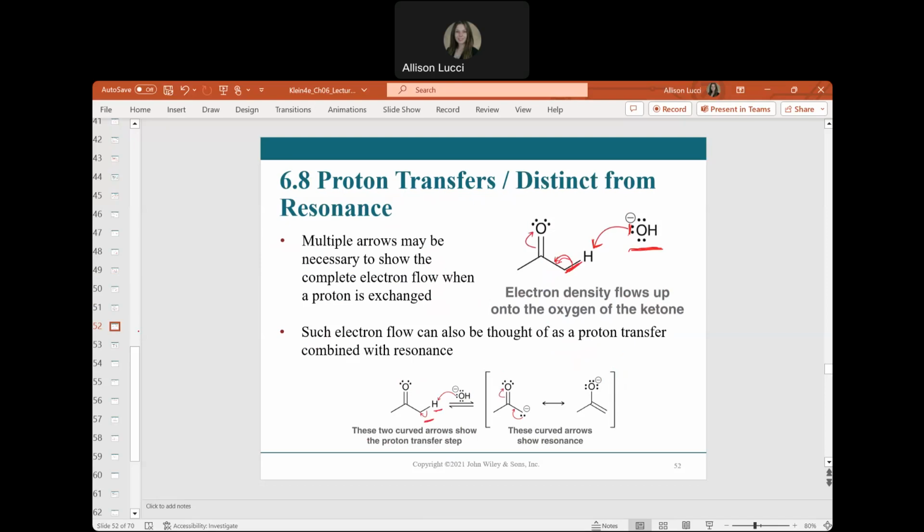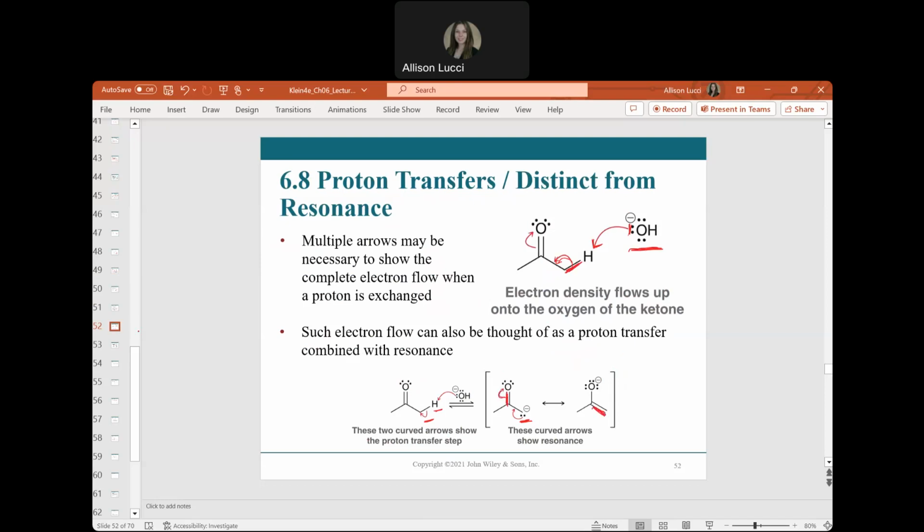So we can also show a resonance structure after this proton transfer occurs. This lone pair on the carbon atom would commonly move in and form this double bond here, right? So we see the tail of the arrow starting at the electrons moving in to form a double bond. That's where the head is pointed, and that causes this bonded group here to move.